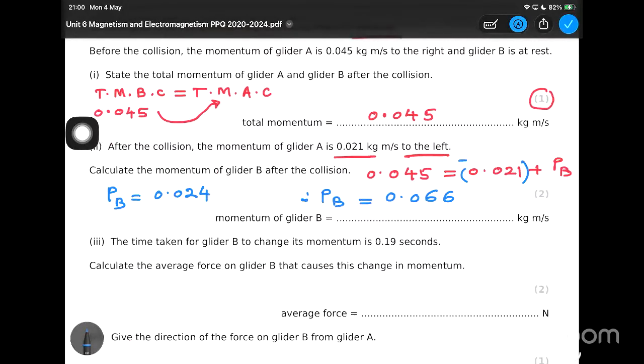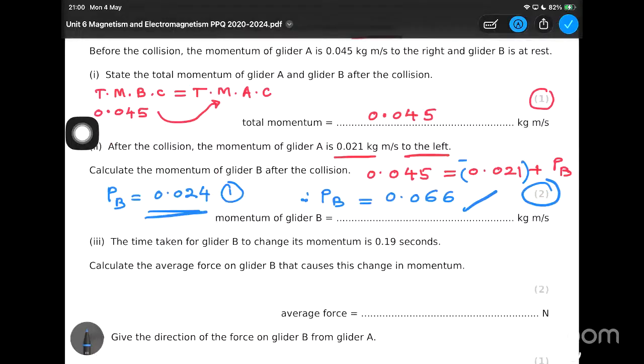You will get a different answer. So this is the correct answer, and 2 marks will be awarded here. If you get the other answer, then you will get 1 mark. That's how the marking scheme works.